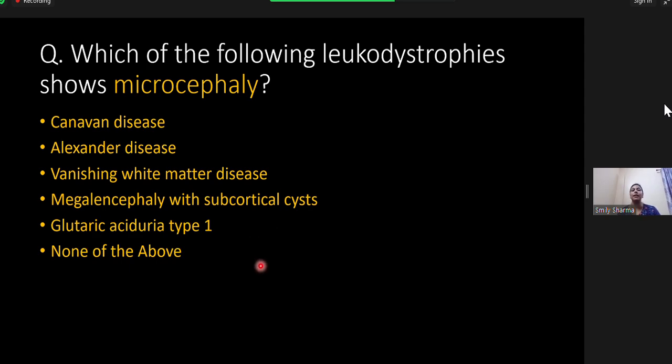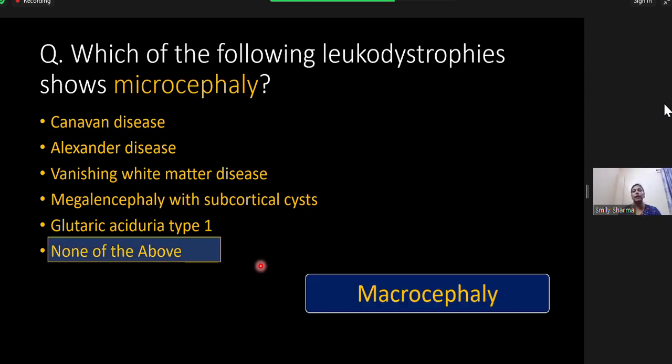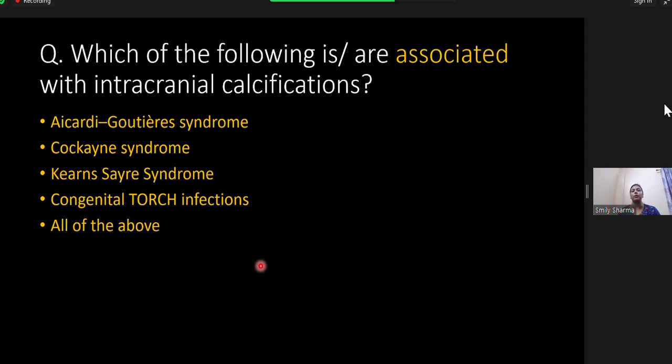Actually, none of them shows microcephaly. Vanishing white matter may not show macrocephaly, but is not known to show microcephaly either. So we have to look for macrocephaly, contrast enhancement, and MRS findings. Then we also have to look for any other features, for example, intracranial calcifications or cysts.